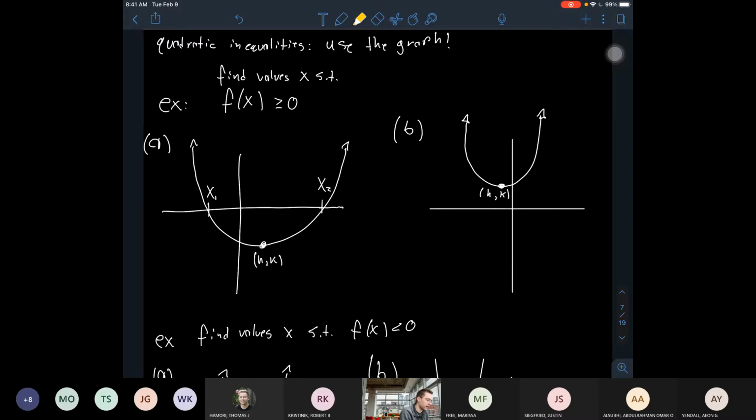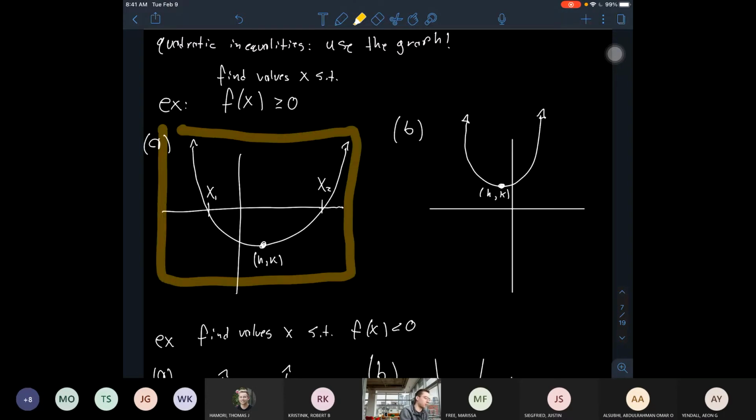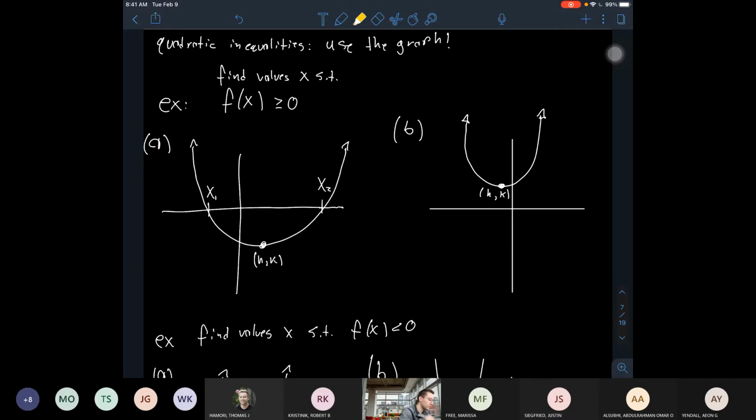So if I have something like this graph of this function here on the left, part A, I look at the graph, and it's going to tell me exactly where this function is greater than or equal to 0. I just need to check where the y value of the graph is larger than or equal to 0.